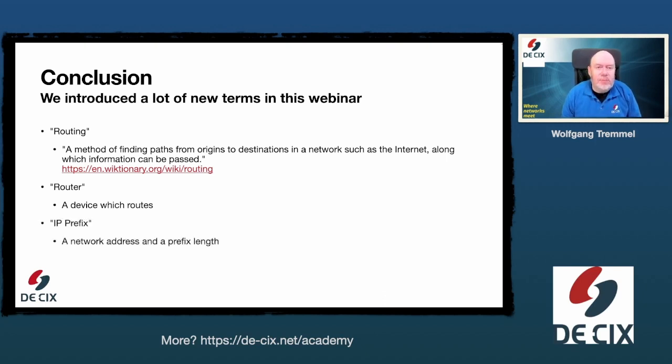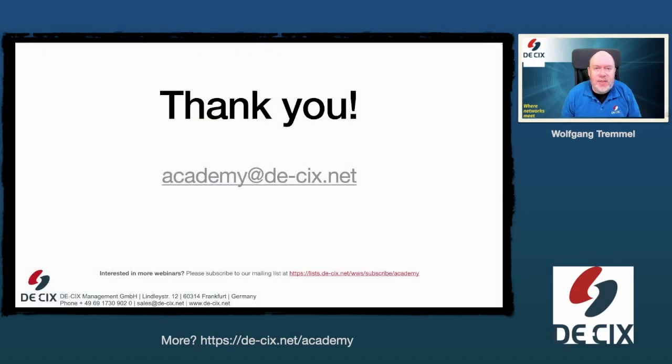And we had the term of the IP prefix, which is the network part of an IP address, and it's written with an address and with a prefix length. Also, I introduced the routing table, a lookup table in each and every router, which tells the router where to send packets. Okay, and that's it for today.